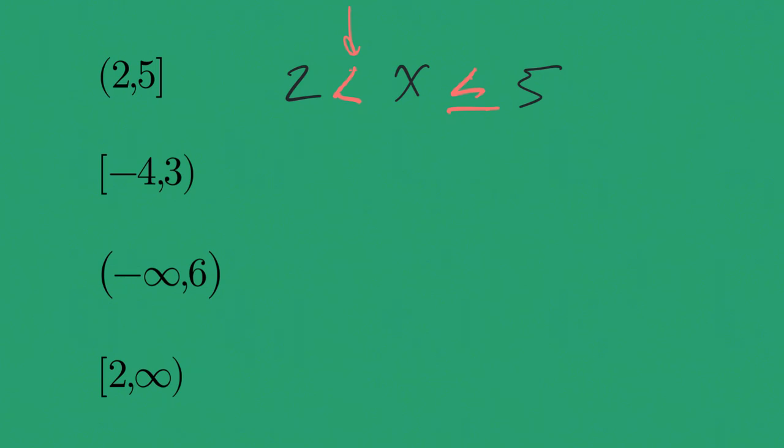Okay? All right, let's go to the next one. Let's do another one. I'll put my x there. Let's put a -4 and a 3, as we know that we're between -4 and 3 here. Now, there's a bracket around -4. So what symbol are we going to put between that x and that -4?